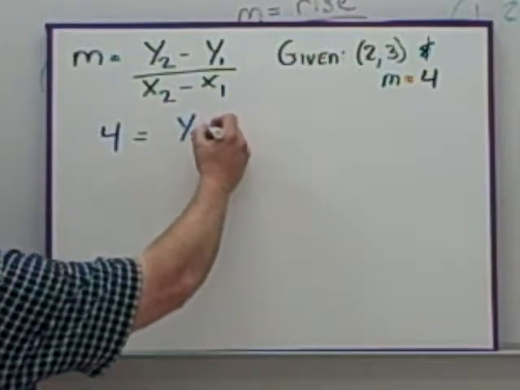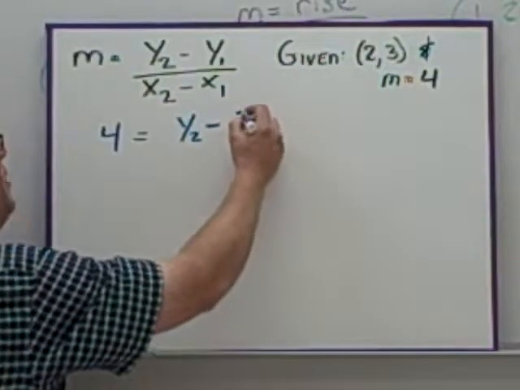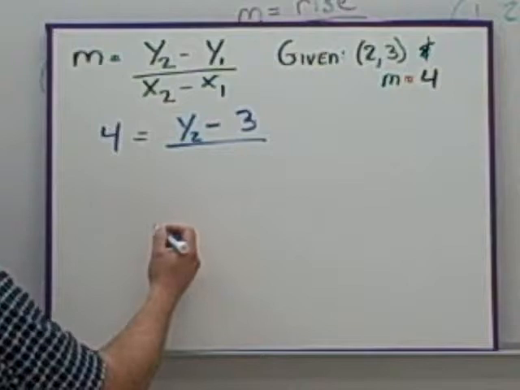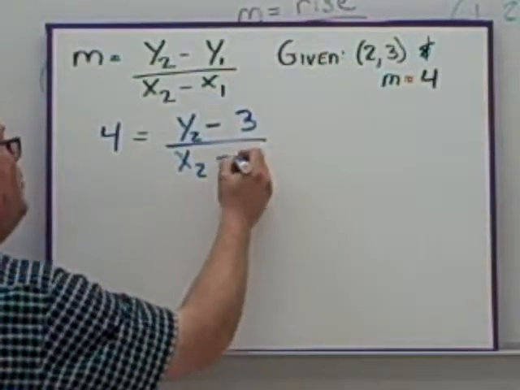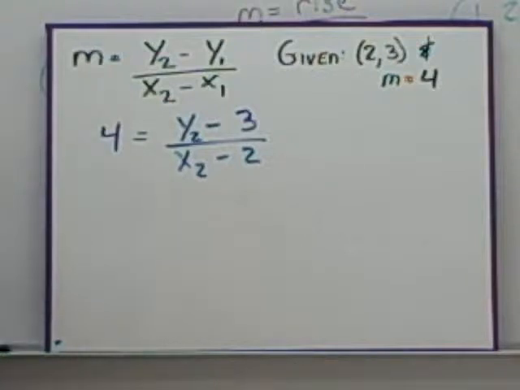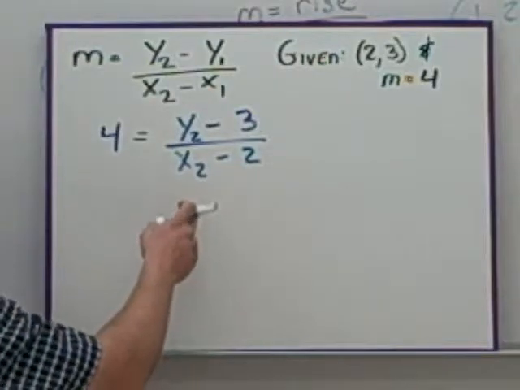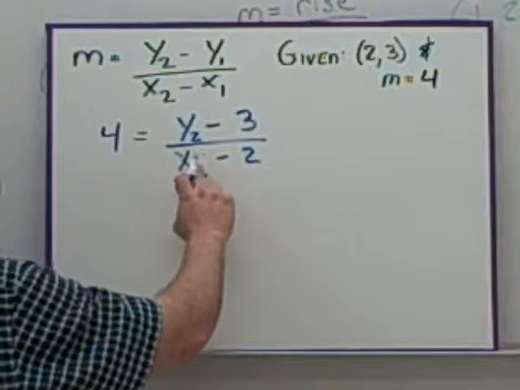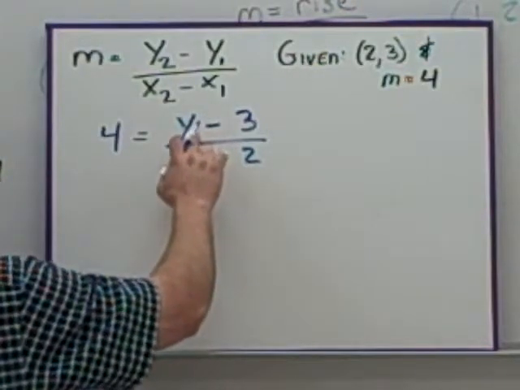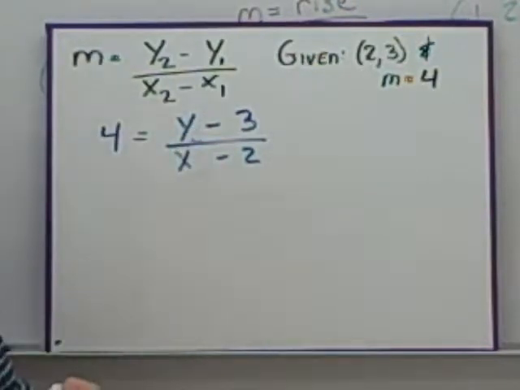Which means we're going to do the y minus this y value, which is 3, over x2 minus this x value, which is 2. Now that we've got that, since we don't have a second point, does it really matter that we have these subscripts on here? No, we can take those out. Just have y minus 3 over x minus 2.